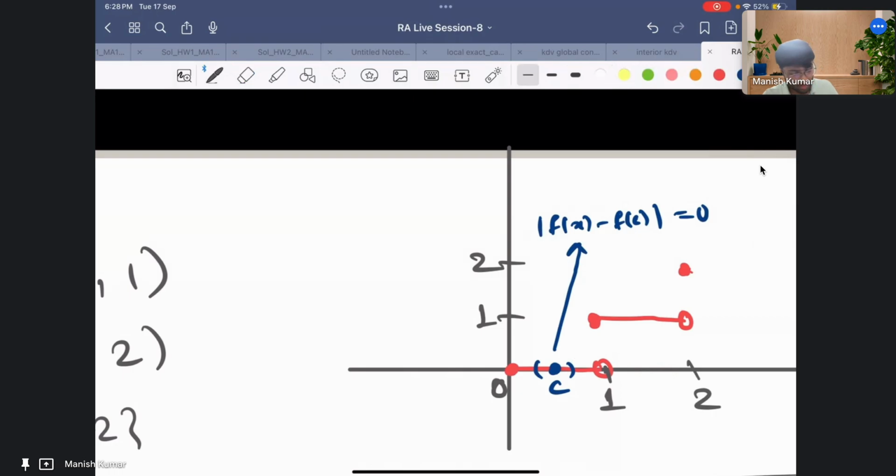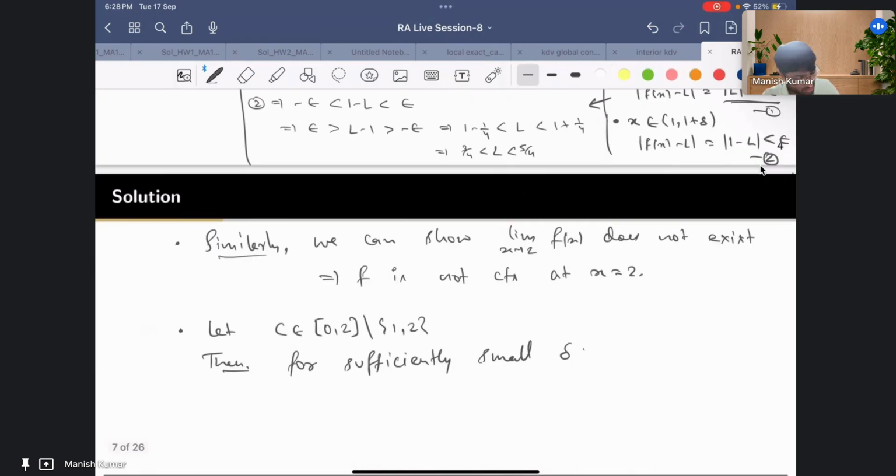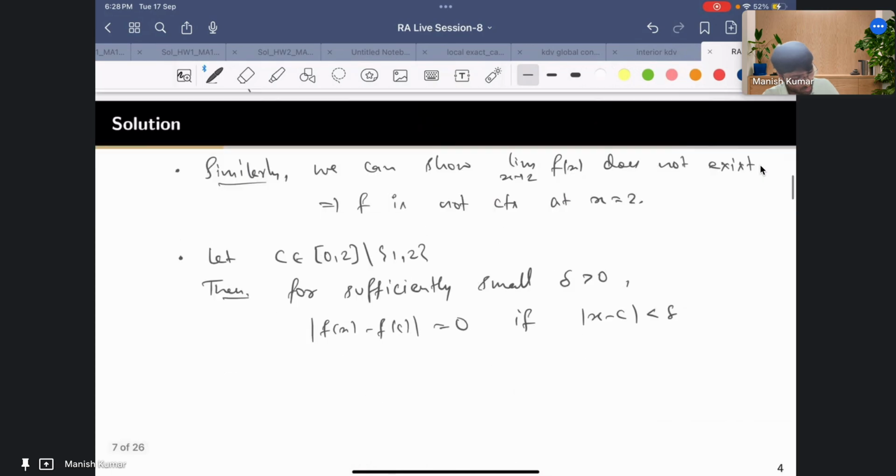So for sufficiently small delta greater than 0, f(x) minus f(c) is equal to 0 if mod of x minus c is less than delta, that is x belongs to c minus delta to c plus delta. Right, these are the same thing.